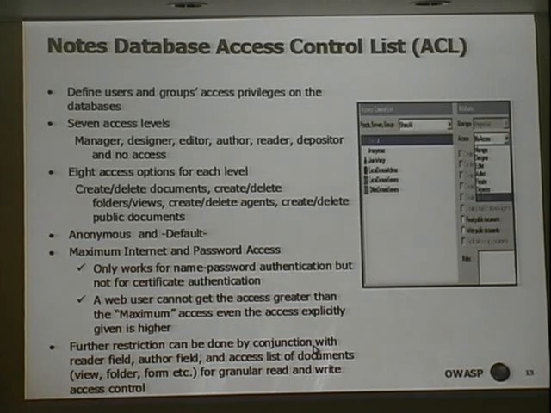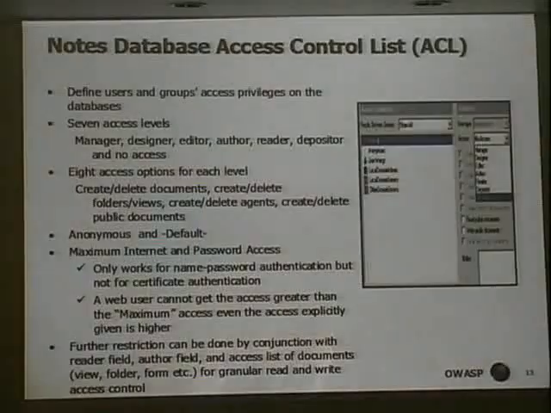Also, every Notes database has a feature called maximum internet name and password access, which means when you try to access the Notes database over the internet and this value is set, you cannot get a privilege greater than the maximum value, even if you have a higher access level in the database. For example, I have manager level access in the Notes ACL.